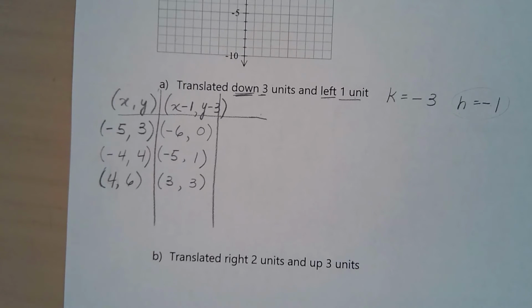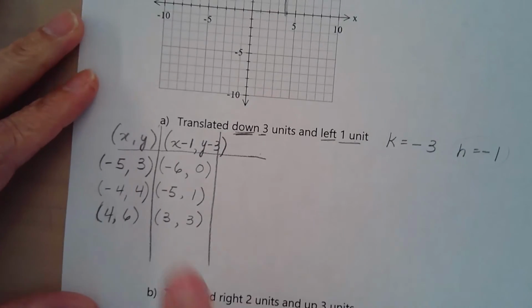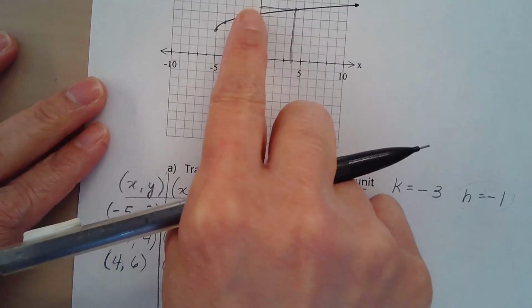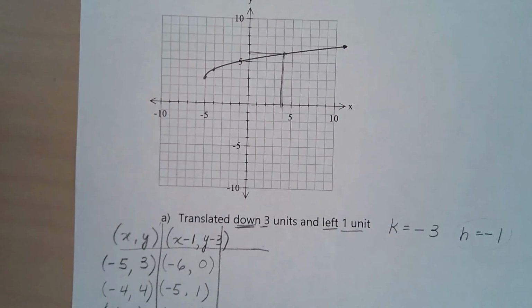Did you get negative 6, 0, negative 5, 1, 3, 3? Yeah? Okay, good. Now we're going to use those points and plot the new figure, the image graph.